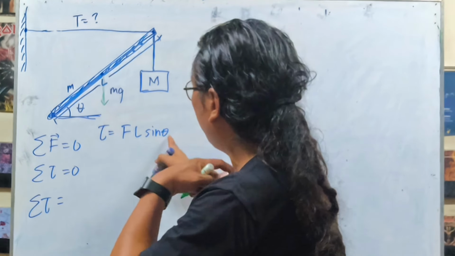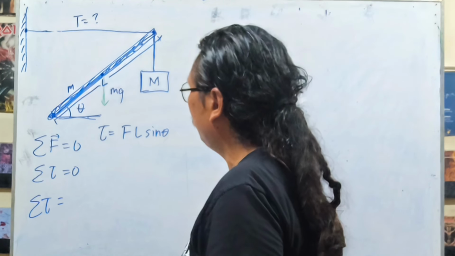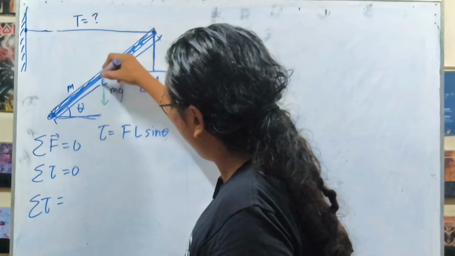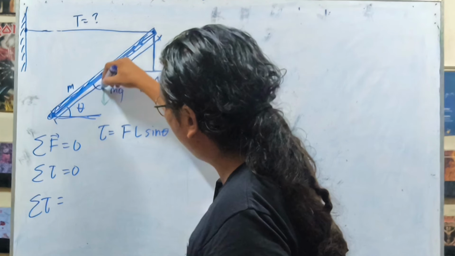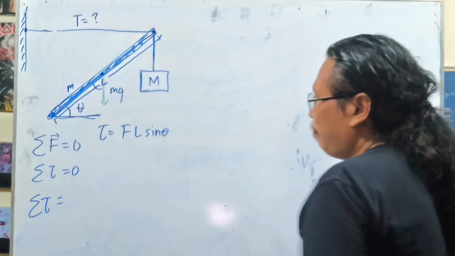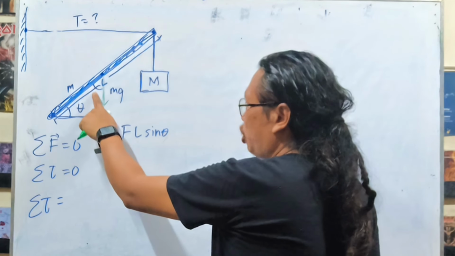Sine theta is the angle that our force makes with the lever arm. If this is theta, this must be equal to pi over 2 minus theta, or 90 minus theta.